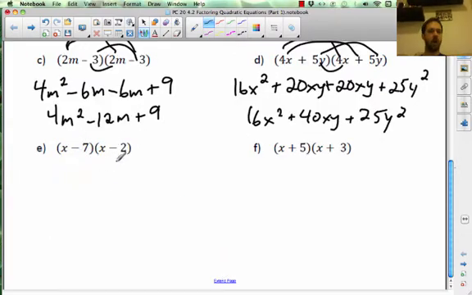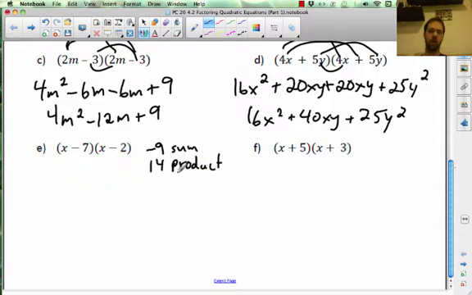Finally, when the terms are not identical, the first thing I'm going to do is point out the sum of these two terms. Negative 7 and negative 2 add up to minus 9, and negative 7 times negative 2 will multiply together to give you 14.